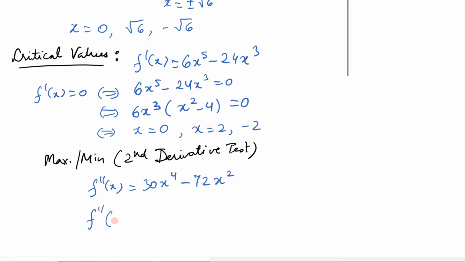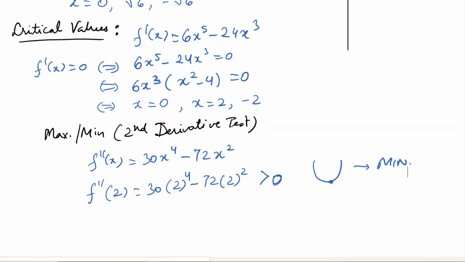So x equals 2: 30 times 2 raised to power 4 minus 72 times 2 squared, and overall we get a positive answer. Positive means concave up, which means we get a point of minima. So local minima at this point.